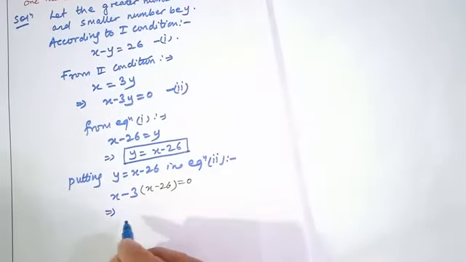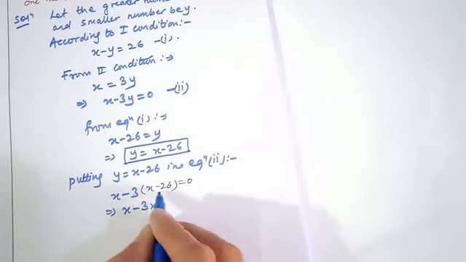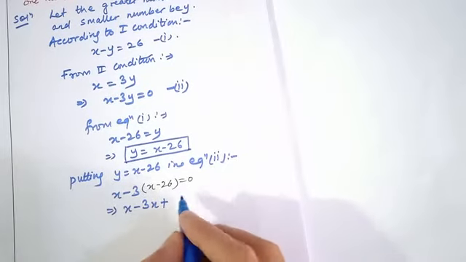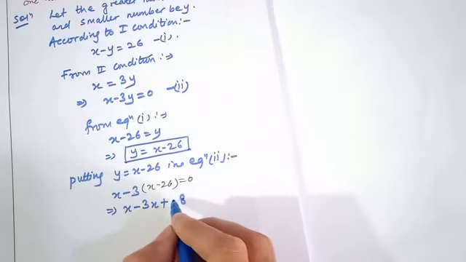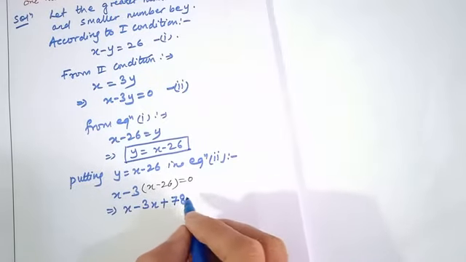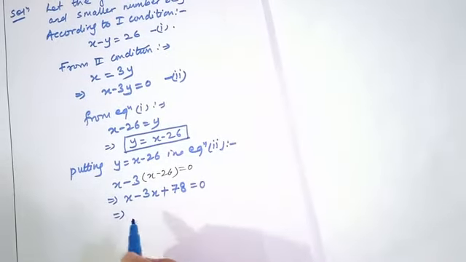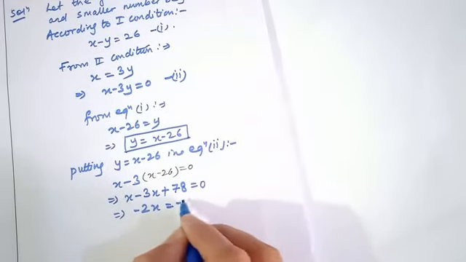So x minus 3 into x is 3x, and minus into minus becomes plus. 3 6s are 18, 3 2s are 6, and this will be 78, equals 0. So x minus 3x is minus 2x equals minus 78.